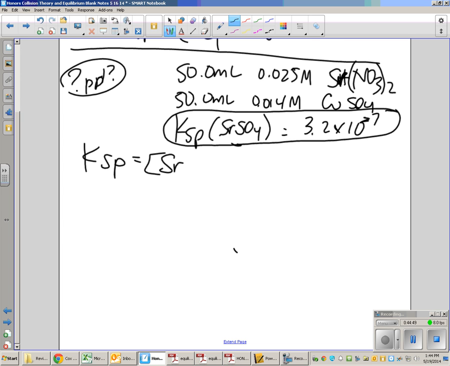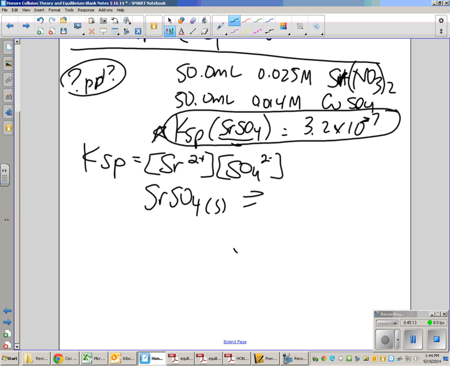Concentration of Sr 2 plus, and concentration of SO4, charge 2 minus. Not this one, this is the Ksp they gave us. You can do that basically from the fact that strontium sulfate, assuming it's a solid, will dissociate into what and what?